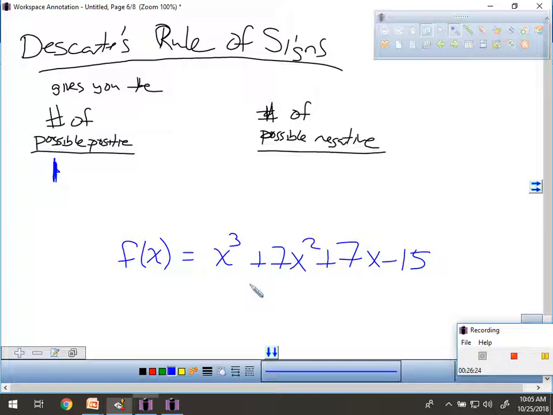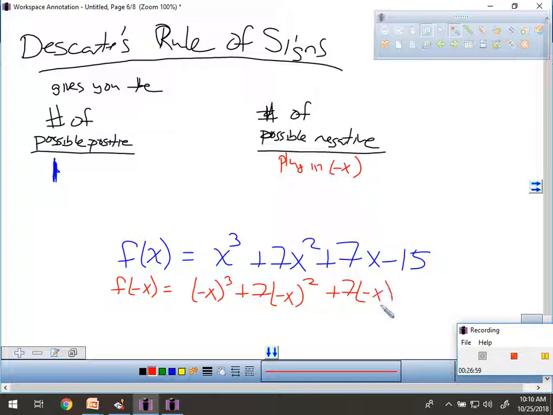Descartes also says that you go down by 2, but if it's 1, you can't go down by 2 because then that would be a negative number. So it's just 1 possible. Now, to find the number of possible negative zeros, first you have to plug in negative x into the function. So I'm going to have negative x to the third plus 7 times negative x squared plus 7 times negative x minus 15.